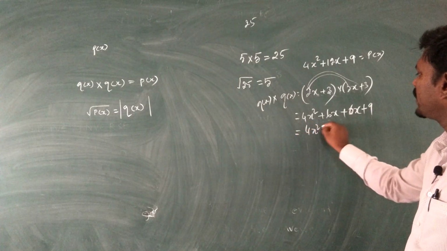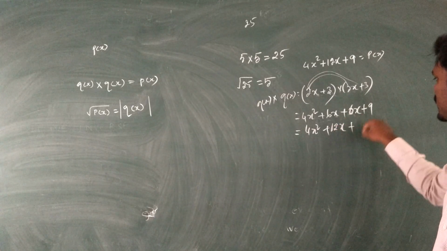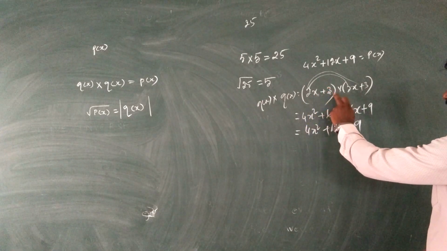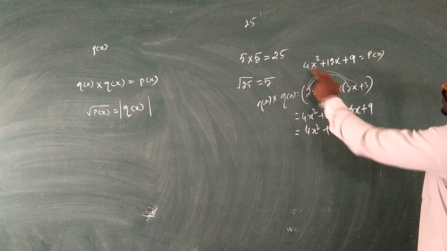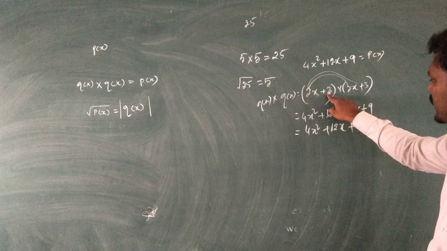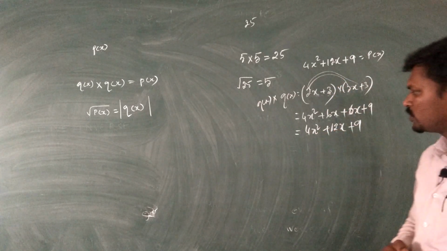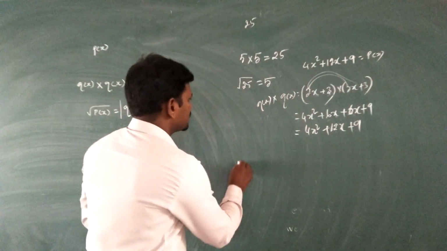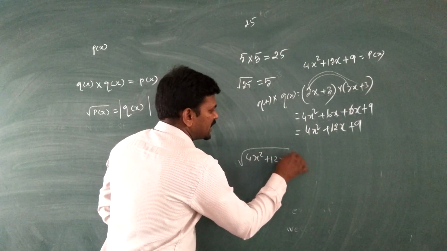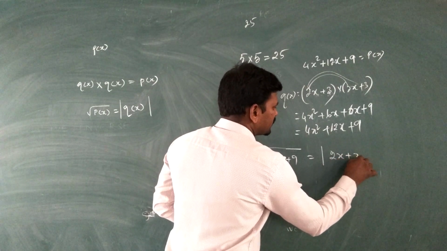So 4x square plus 6x plus 6x, 12x, plus 9. So when we multiply 2x plus 3 by itself, it gives 4x square plus 12x plus 9. So 2x plus 3 is the square root of 4x square plus 12x plus 9. This can be written as the square root of 4x square plus 12x plus 9 is equal to modulus 2x plus 3.